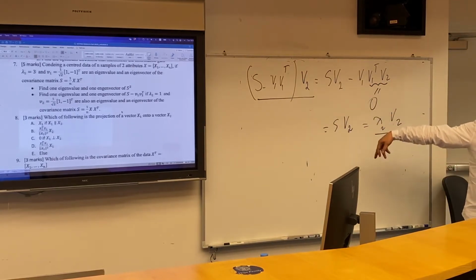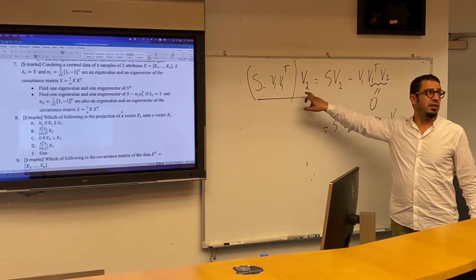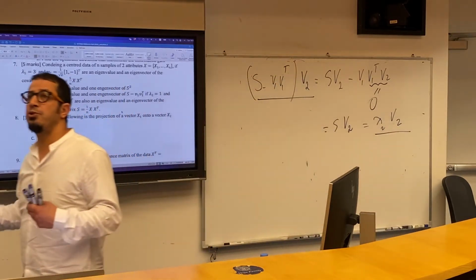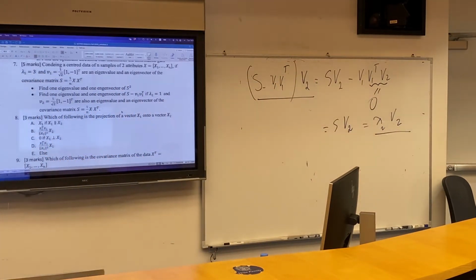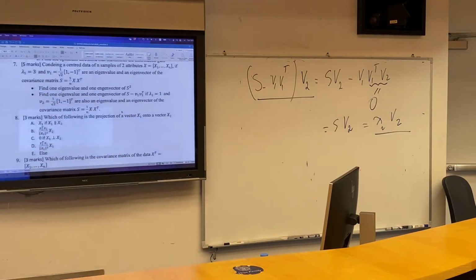Can you do the same thing, but with V1? I'll give you 2 minutes. Remove V2, do V1, and see how you can do the calculation. What difficulty you will face, please let me know. Just apply orthogonality, unit vector, and so on.